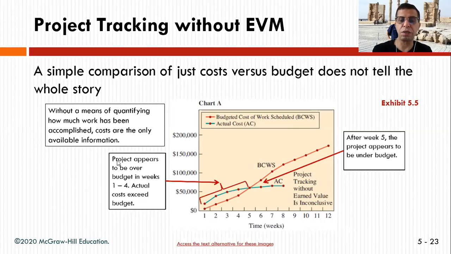So here we see that the project appears, from week 1 to 4, the actual costs exceed the budget. But then the project appears under budget, because project tracking without earned value is inconclusive.